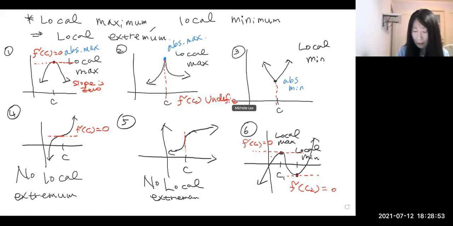Because we learned that we cannot take the derivative if there is a corner like that. This is also a corner, okay? And we cannot take the derivative at a vertical tangent line.